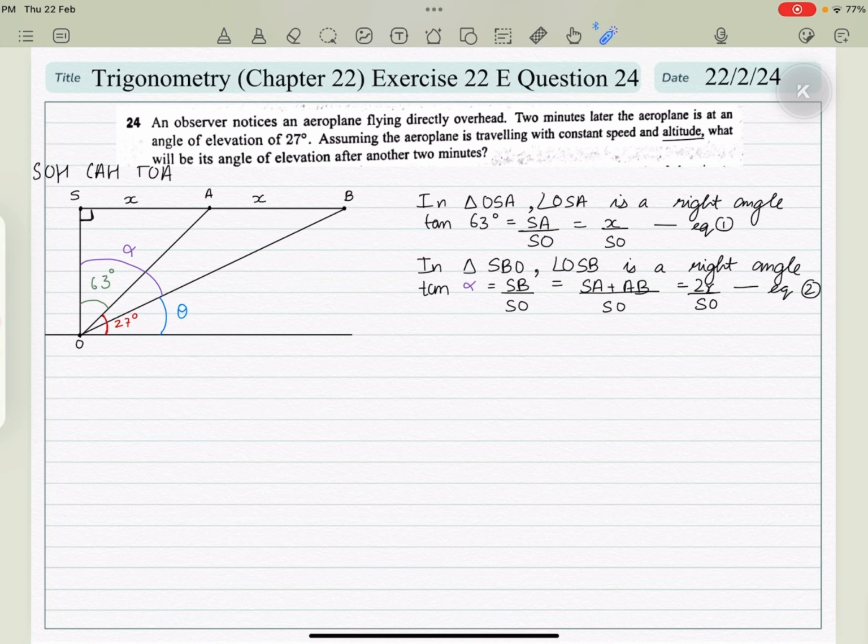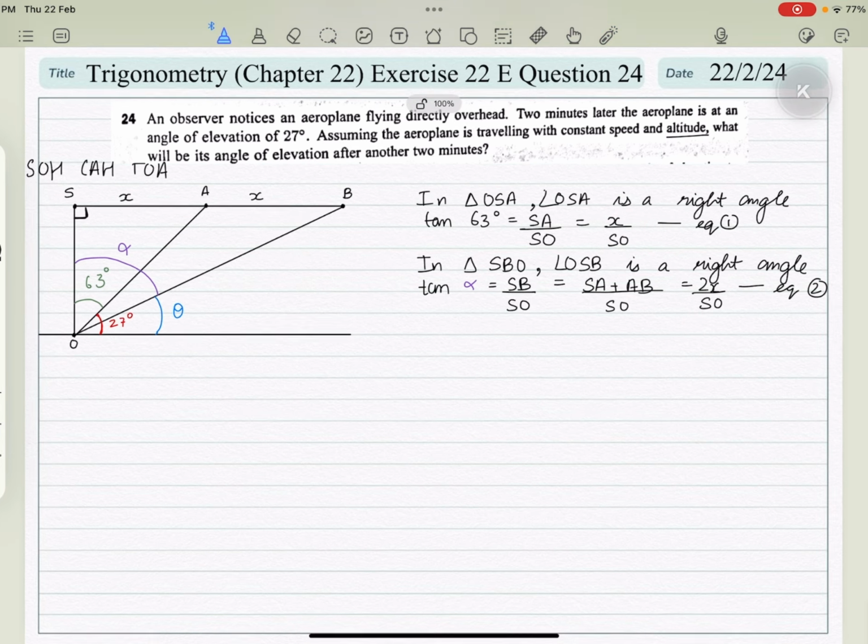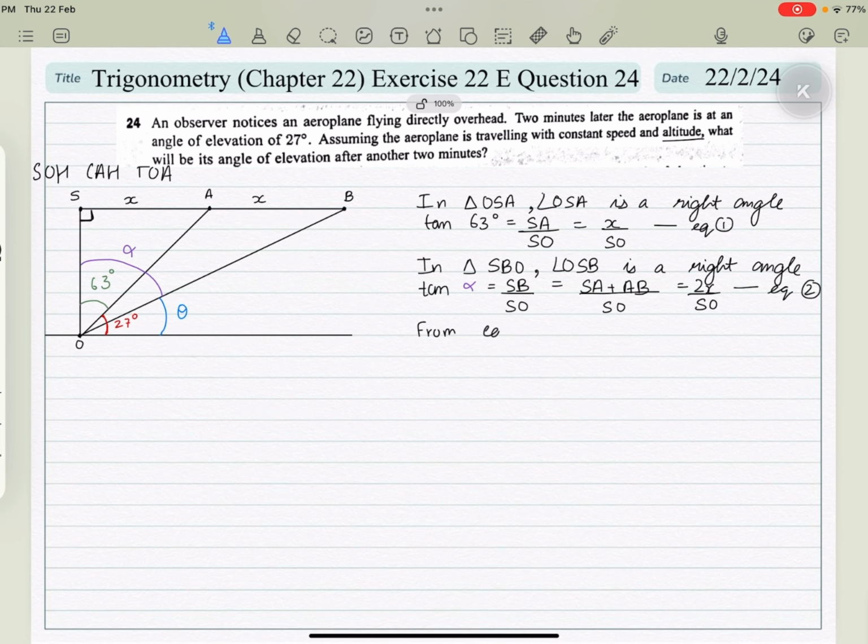If you look at these equations, SO and x are common in both. So tan 63 degrees is equal to x upon SO, and tan alpha is equal to 2x upon SO. We know that x upon SO is equal to tan 63 degrees, so we can substitute the value of x upon SO in this equation. From equations 1 and 2, tan alpha is equal to 2 into x upon SO, that is 2 tan 63 degrees.